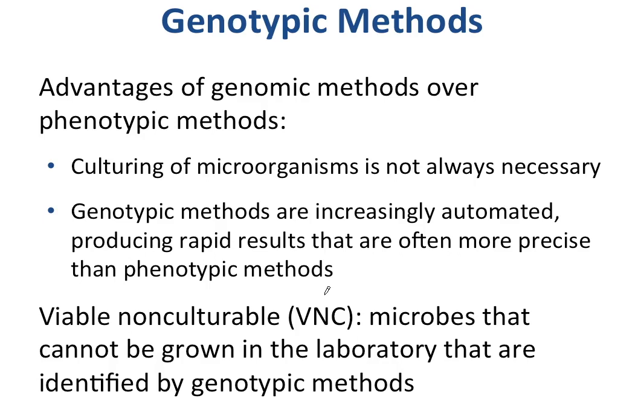The most important advantage is that we don't have to culture the microorganism. We just pick samples such as sputum or urine and run the PCR. Some microorganisms are very difficult to culture, so this is the biggest advantage of the genotypic method.